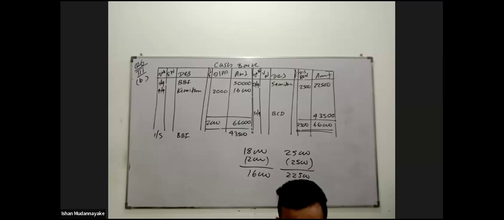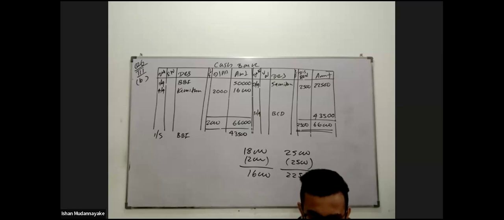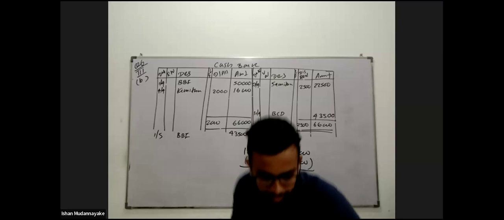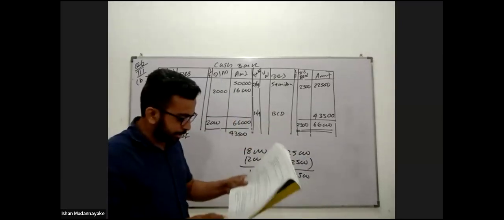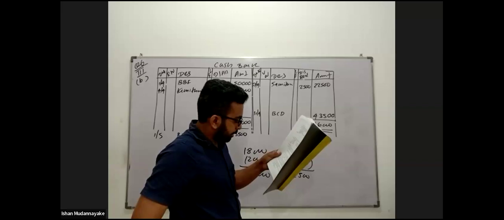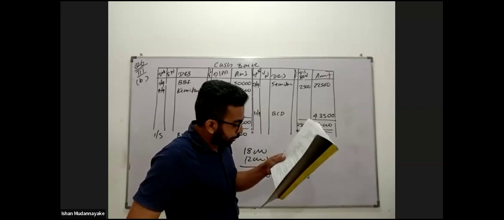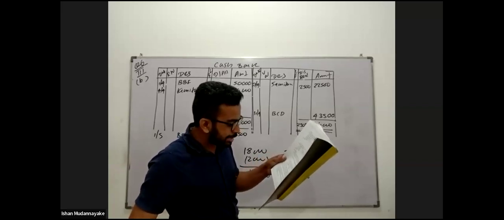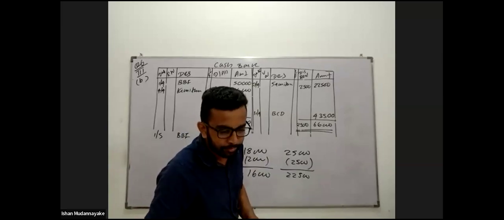So when the discount is given in rupees, it is already reduced from that amount. It does not solely depend on the question. In this question, there is a discount of 2,000 allowed to Committee when settling his due of 18,000.